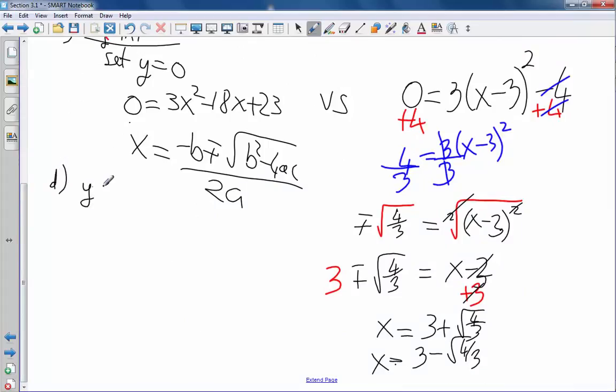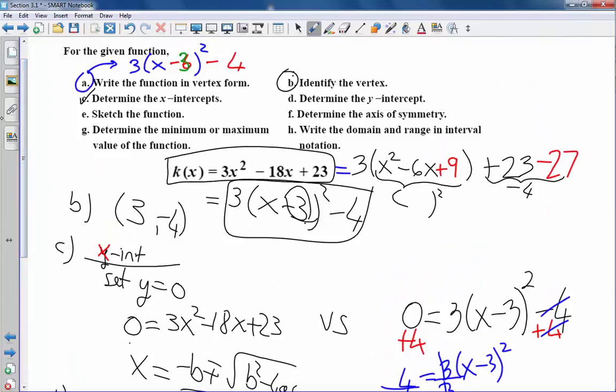For y-intercept, it's easier than x. You set x into 0, but which equation would you rather use? This time it doesn't matter. You can go with either one. This is the only part I like the useless one than this one. Why? Just set x into 0.